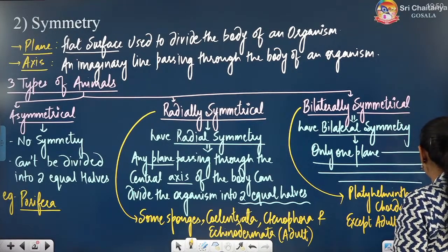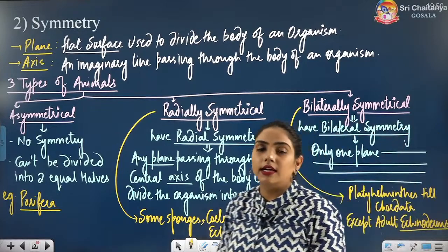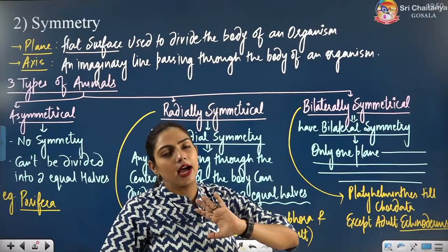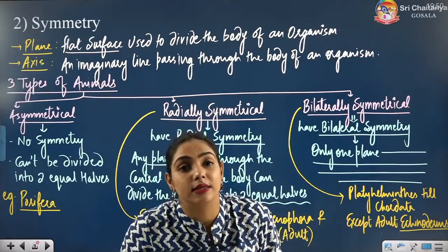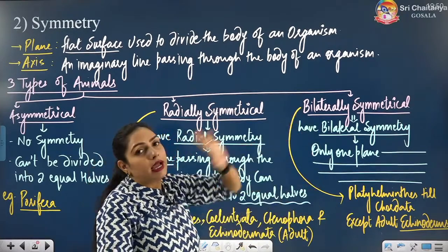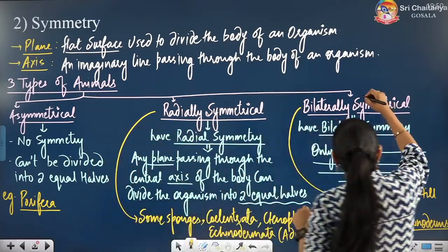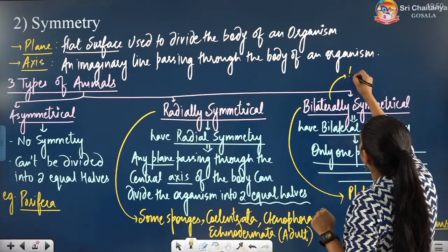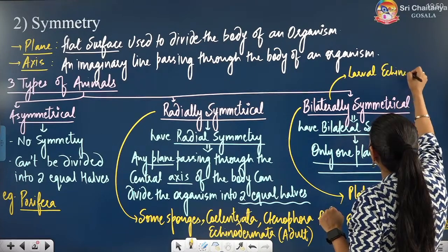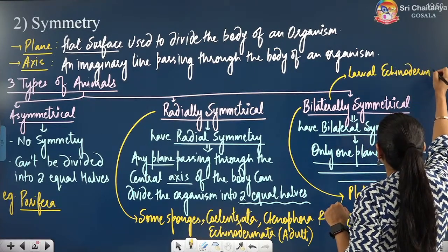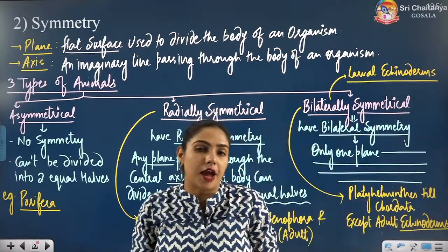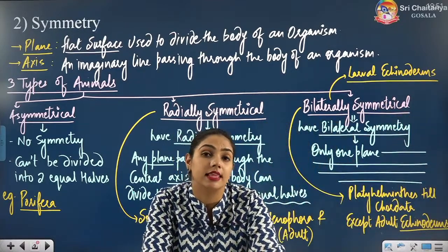From Platyhelminthes till Chordata, except adult echinoderms, they show bilateral symmetry. That means in larval echinoderms also there is bilateral symmetry. Here we can say that the larva is more advanced than the adult. The larva of Echinodermata is more advanced than the adult.